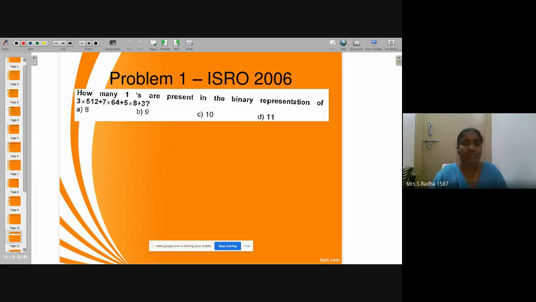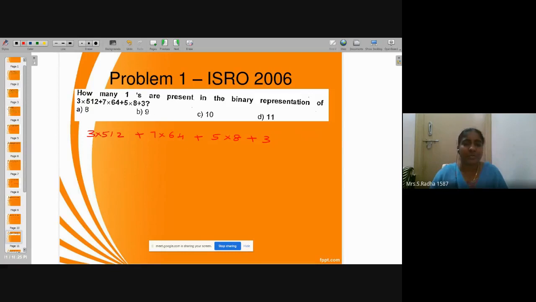The number given is 3 into 512 plus 7 into 64 plus 5 into 8 plus 3. If you convert this to binary, how many ones are present in the binary representation? That is our question.